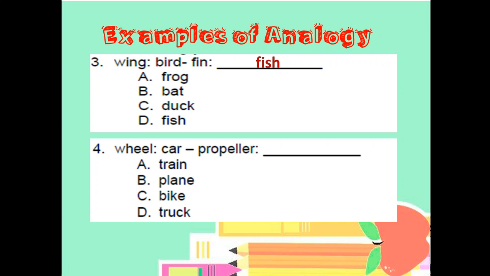That's correct. Wheel is part of the car in order to move. Now, let us find an object that uses propeller in order to move as well. What would be your answer? You're correct. The answer would be letter B, plane, because plane uses propeller in order to fly or to move.